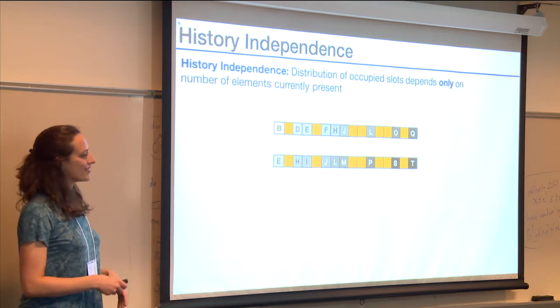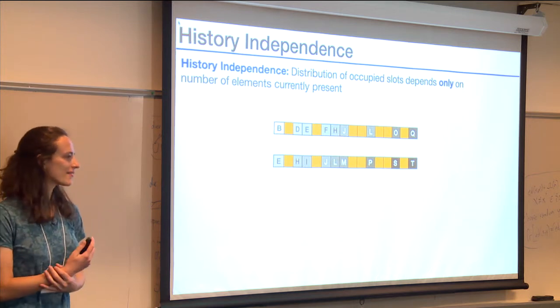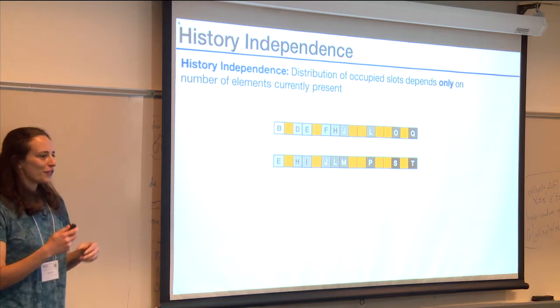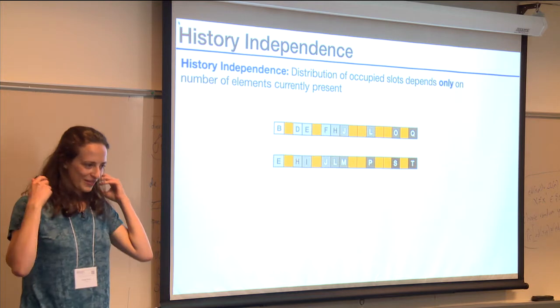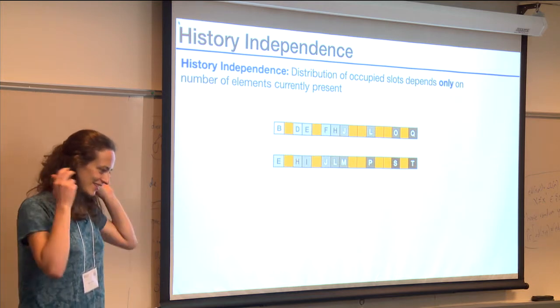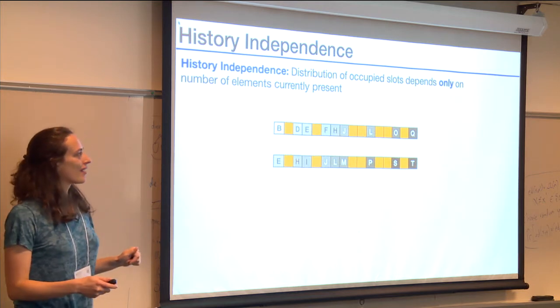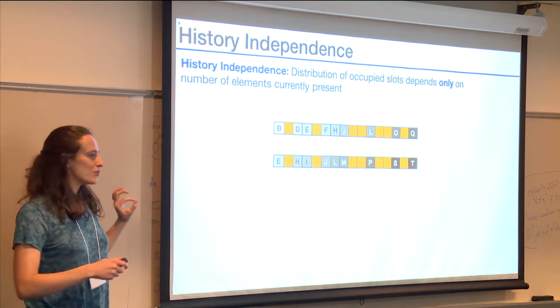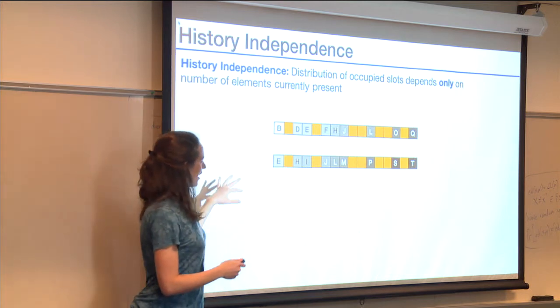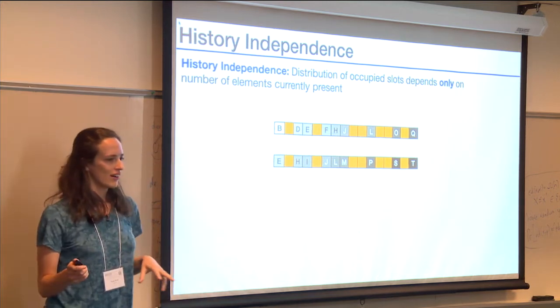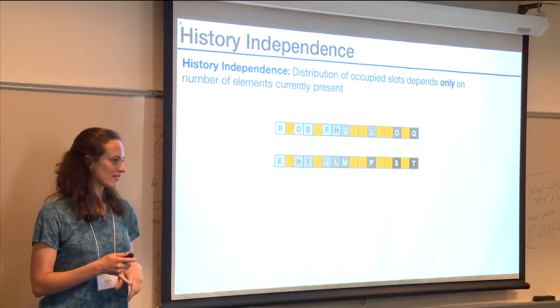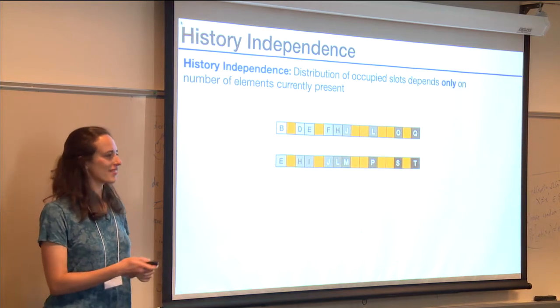Okay, so now on to this idea of history independence. So for this talk and this paper, the definition of history independence that we have is that the distribution over occupied slots in the array depends only on the number of elements that are currently present. Okay, so what does this mean?